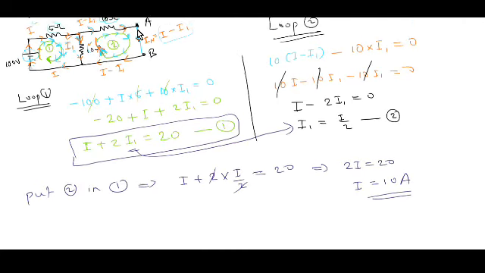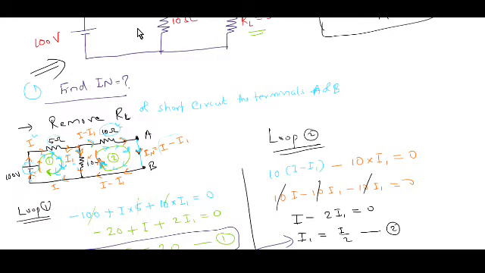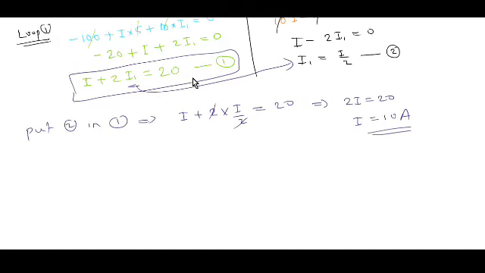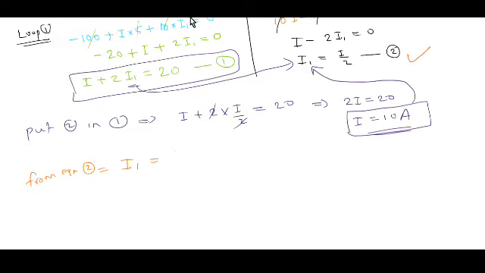But to calculate the Norton current, if you look at this expression, IN was equal to I minus I1. Now we know the value of I is equal to 10 ampere. Then I1 you can easily calculate from equation 2.